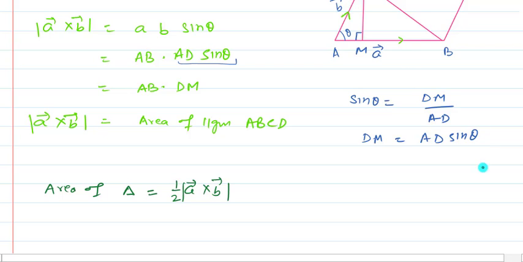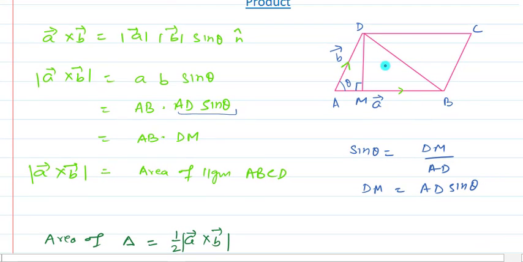This is clear from this figure: if we are talking about triangle ADB, then its area will be half of the area of the parallelogram, which is simply half of A cross B. So this is the way to calculate the area of a parallelogram and the area of a triangle by using the cross product.